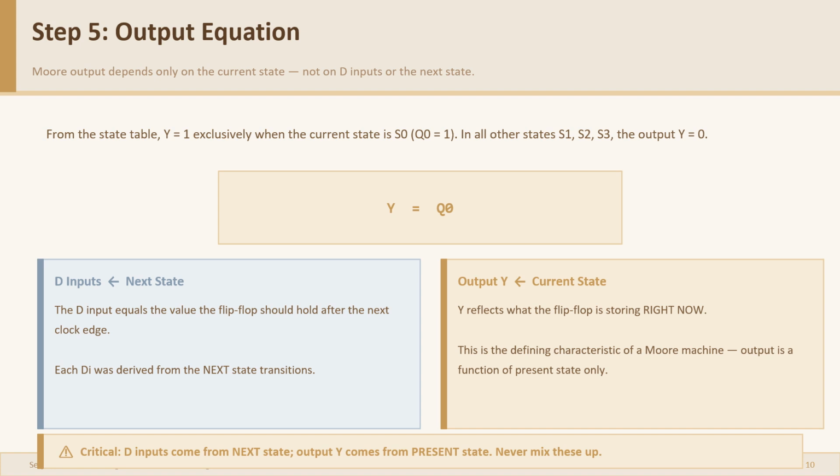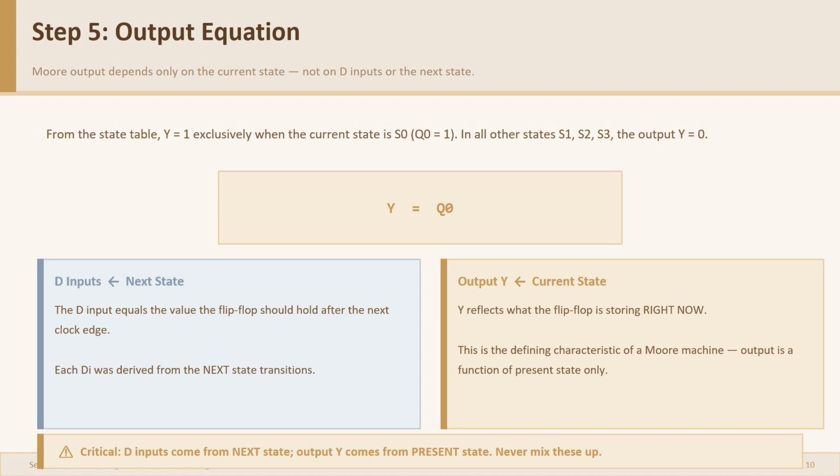Before we move on, I want to stress a distinction that trips up a lot of students. The D inputs we just derived, D0 through D3, come from the next state. They represent what the flip-flop should hold after the next edge.